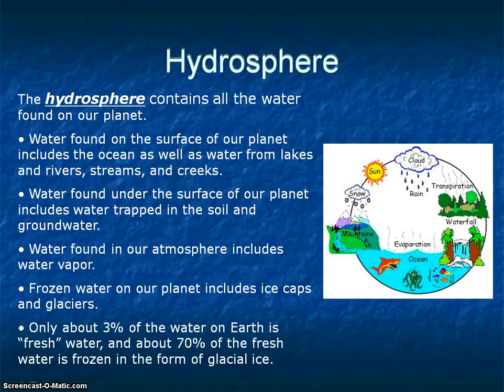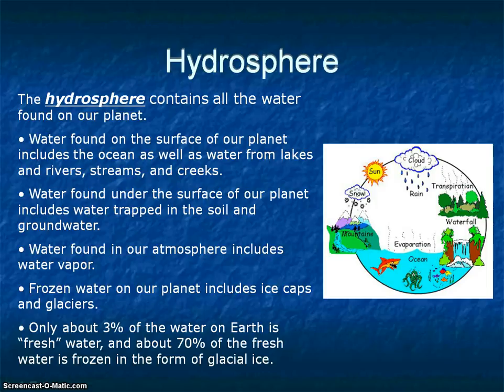Now when you're looking at the supply of water on the planet, only 3% of the water found on the planet is going to be fresh, and that's looking at all the rivers and streams and lakes, the water vapor, especially when it falls as rain.